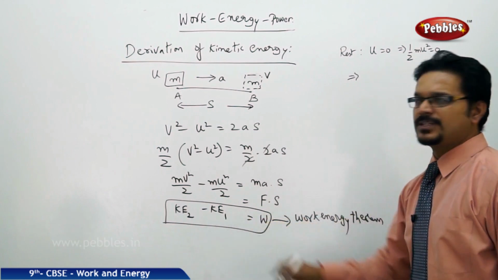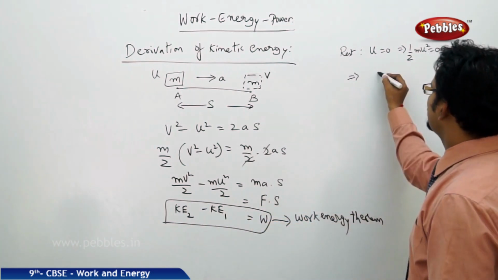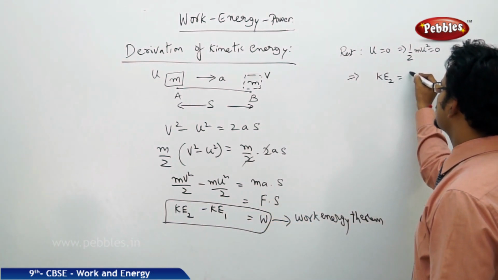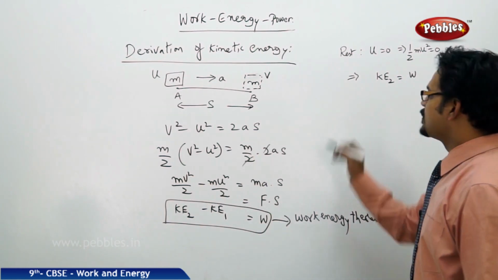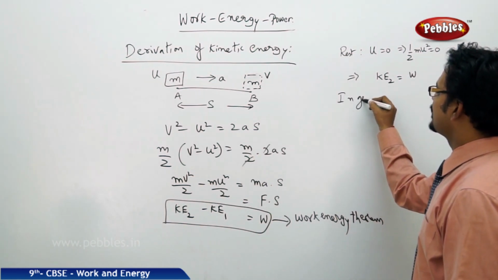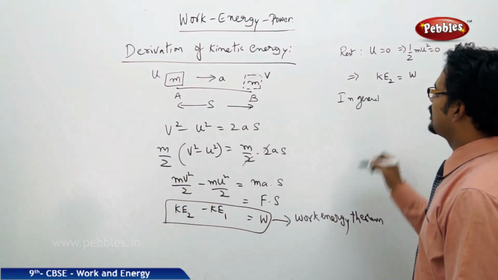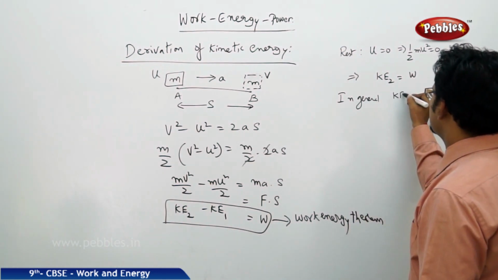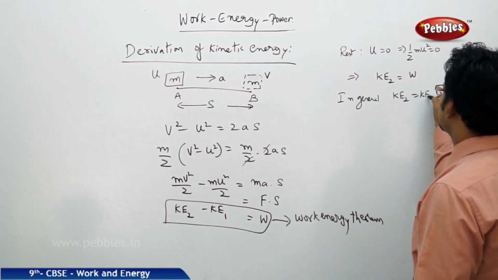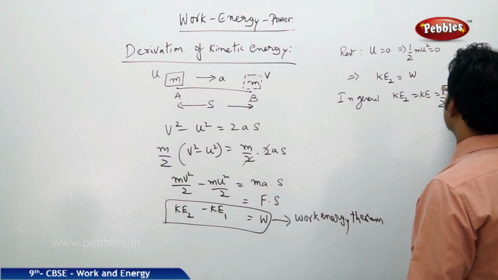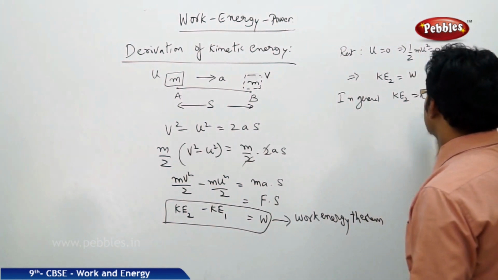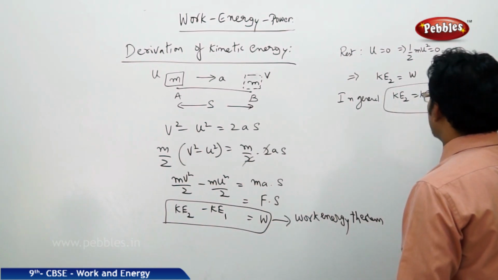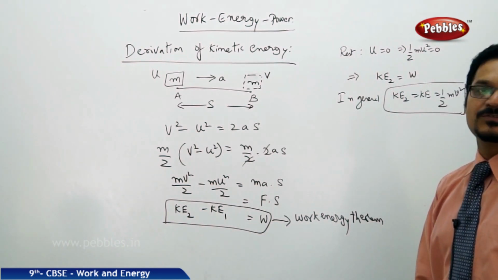If you see this expression here, then what happened? KE2 equals W. So in general we write KE2 as KE, which is half mv square. So this is how we got the kinetic energy formula.